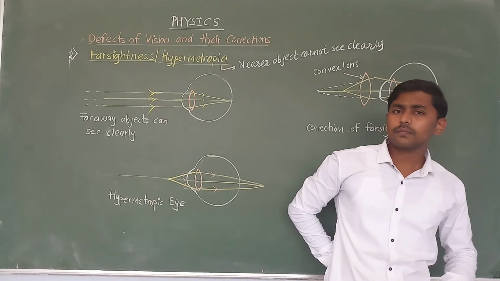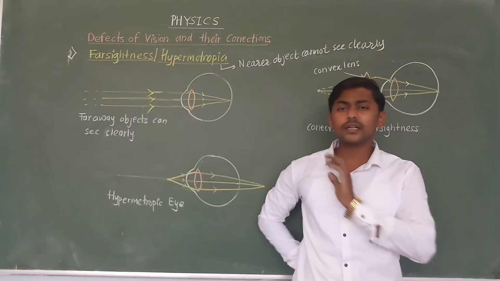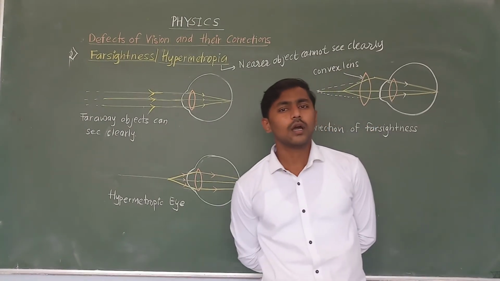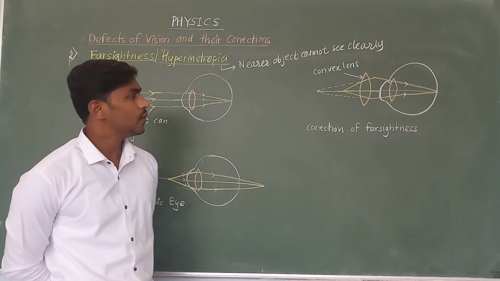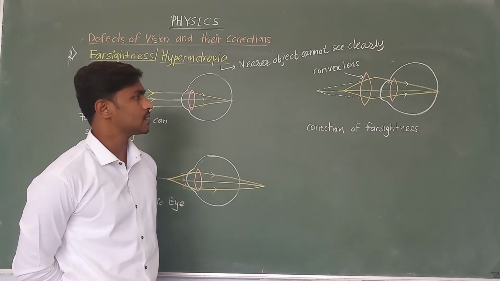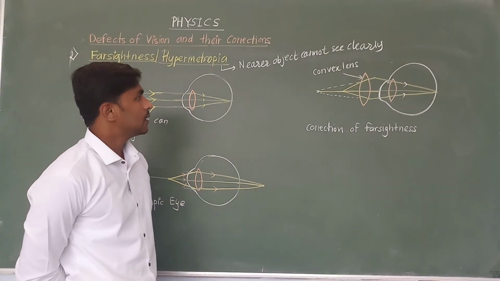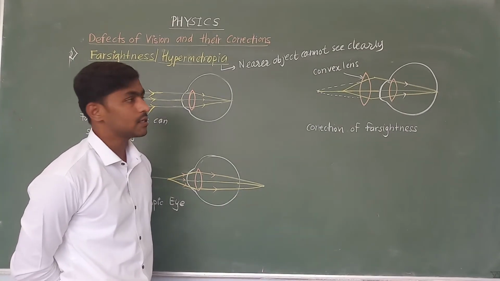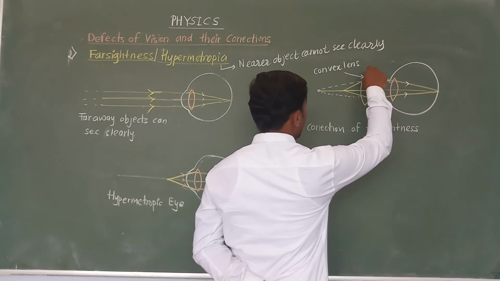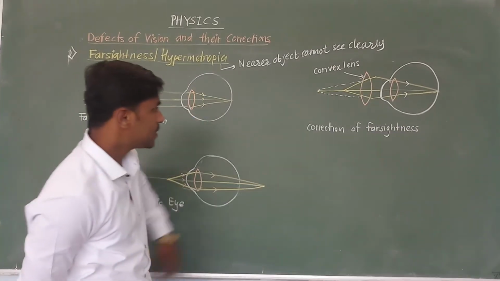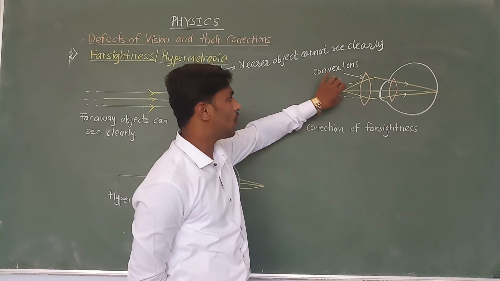In the last point, that is nearsightedness, we used a concave lens. Now here we are using a convex lens for the correction of this defect. Now see, here I have used a convex lens. These are the rays coming from the nearer object.